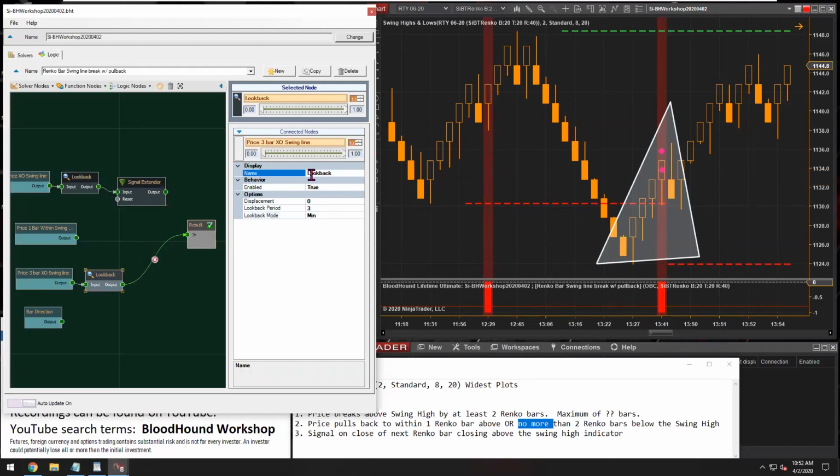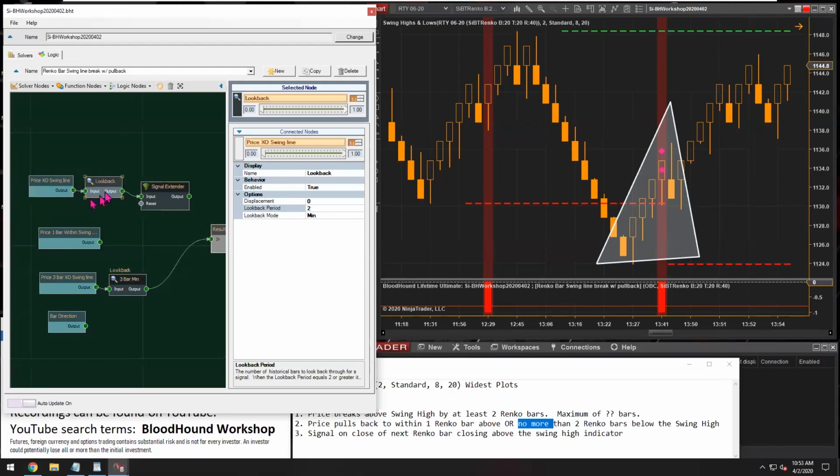I like to name these look back nodes so I know what they're doing. So this is looking for a 3-bar minimum, and this one back here is looking for a 2-bar minimum. There we go.